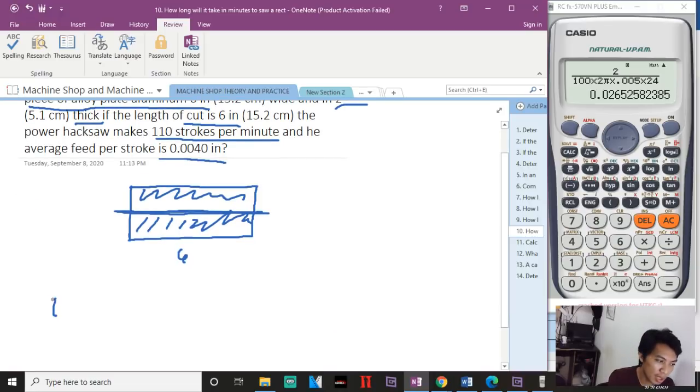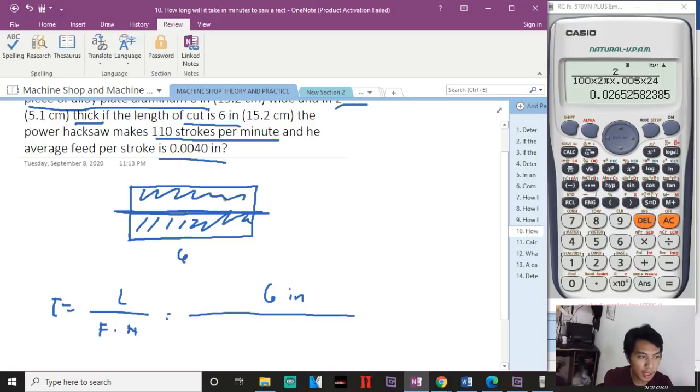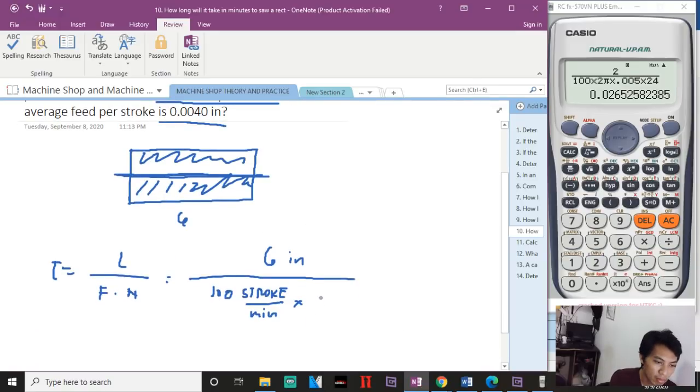So that is the time: the length of the cut over the feed, the length of the feed times N, the speed. The length of the cut is 6 inches. Divide by what is there: strokes per minute and feed per stroke. So 110 strokes per minute times the feed 0.004 inch per stroke.